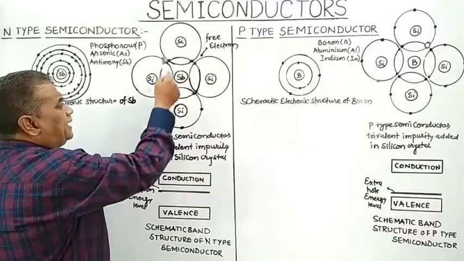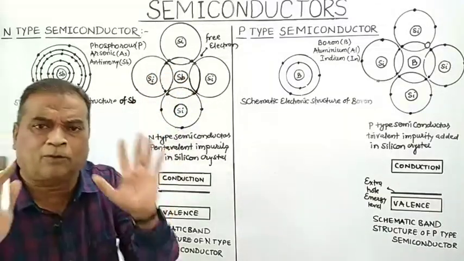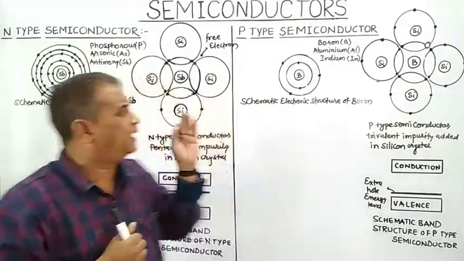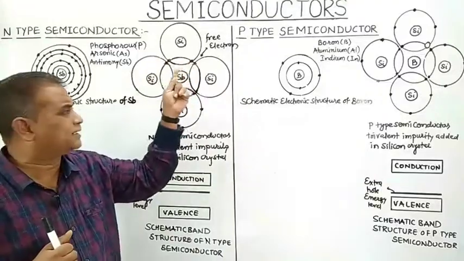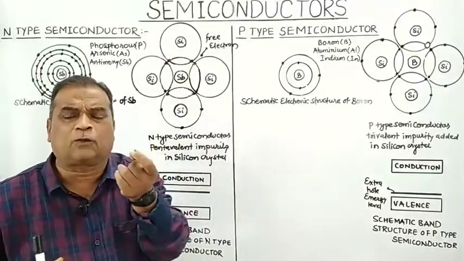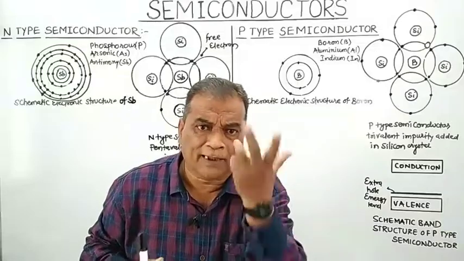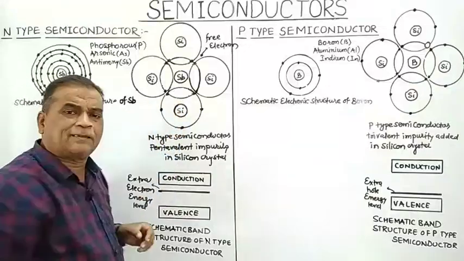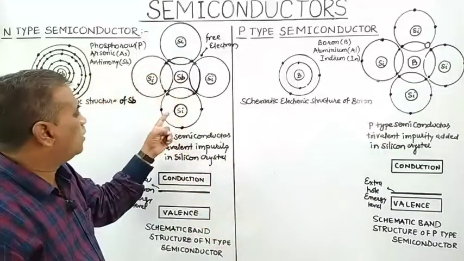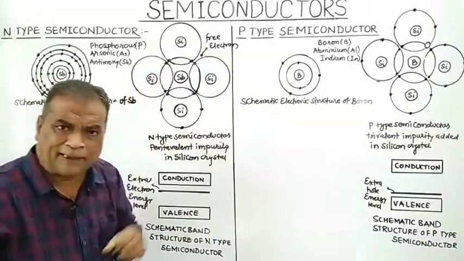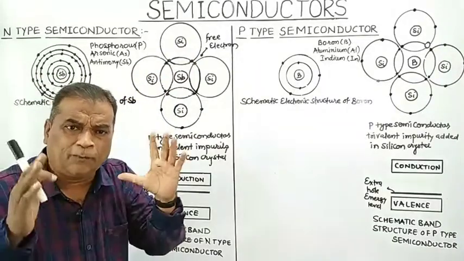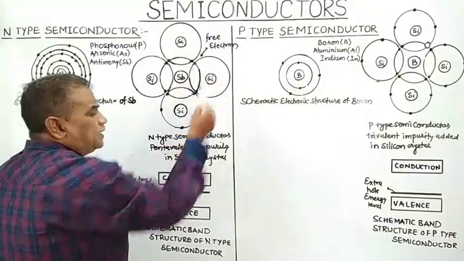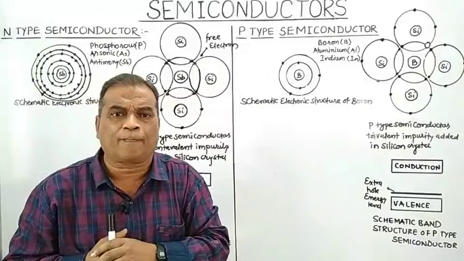Already antimony has 5 electrons in its outermost orbit, which means in order to satisfy the stable electronic configuration, antimony actually needs only 3 electrons. But due to the crystal structure of silicon, this antimony atom will share 1 electron each from 4 of its neighboring silicon atoms, and it will form 4 strong covalent bonds with 4 of its neighboring silicon atoms.